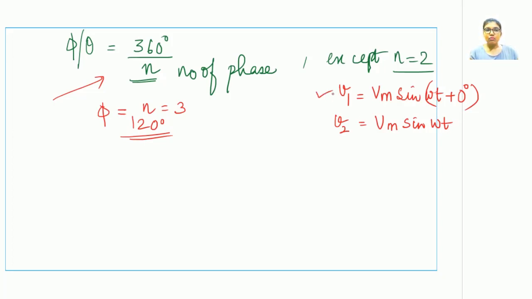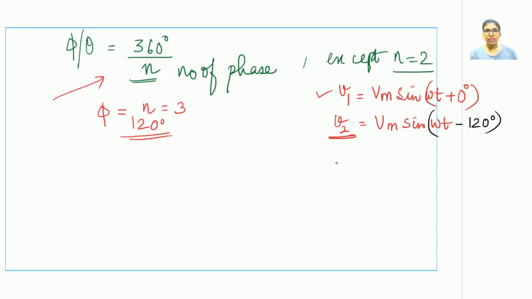The signal 1, that is V1, is generated first, and the signal 2, that is V2, is generated after the generation of the first signal, which clearly means that V2 is lagging V1. By what angle? By 120 degrees. Since it's a lag, it will be represented by minus 120 degrees.